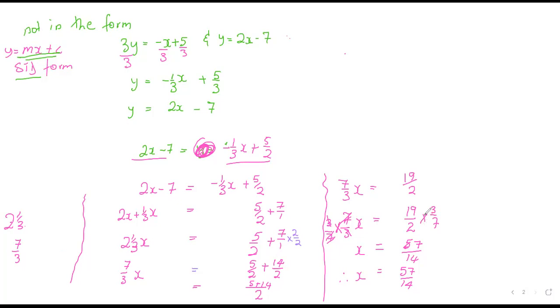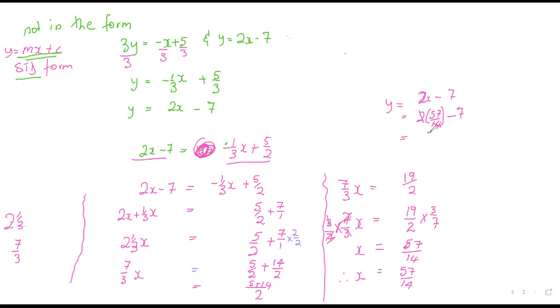So we shall say y is 2x minus 7. That will be 2 into 57 over 14 minus 7. 2 here was 2 here 7.